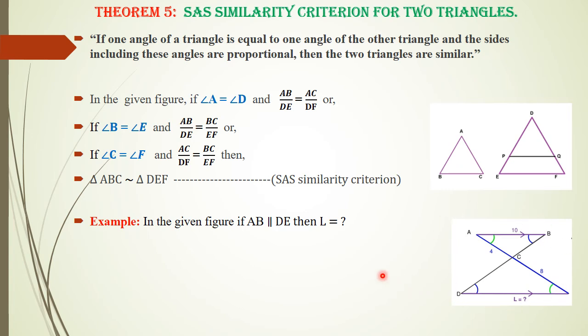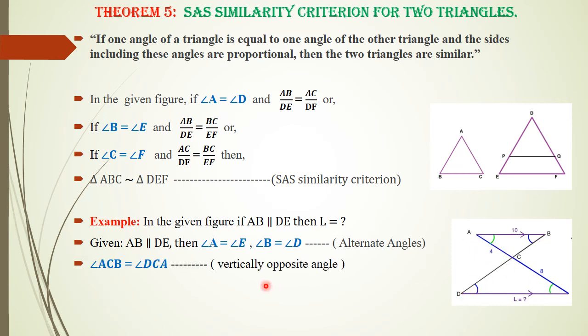So let us take the AAA criterion. Here angle A is equal to angle E because they are alternate angles, again angle B is equal to angle D, again alternate angles, and we can see that angle ACB is equal to angle DCE because they are vertically opposite angles. Therefore triangle ABC is similar to triangle ECD because of the AAA similarity criterion.